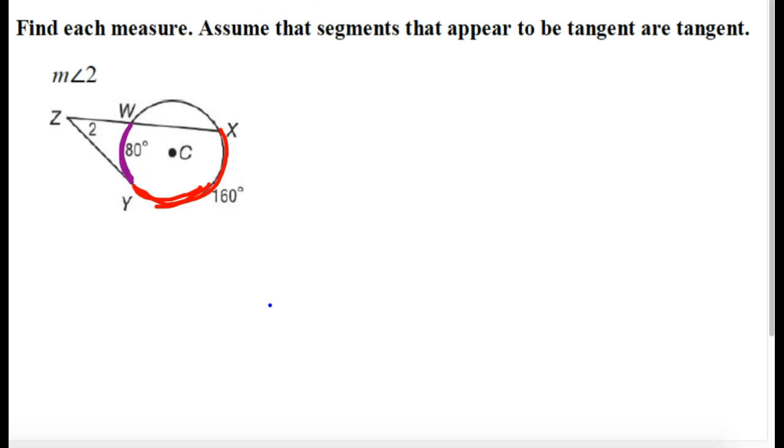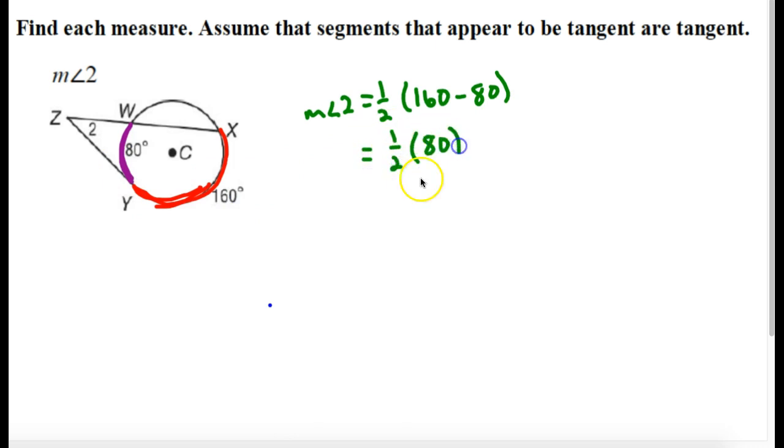To find the measure of angle 2, I'm just going to say that's equal to 1/2 of my two intercepted arcs subtracted. So 160 minus 80, so that'll be 1/2 times 80. So the measure of this angle outside of the circle is 40 degrees.